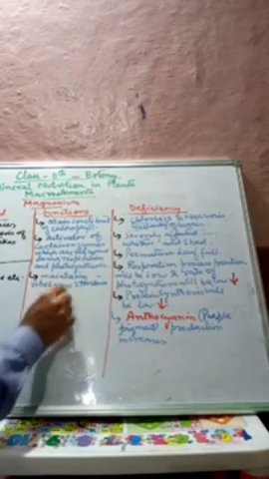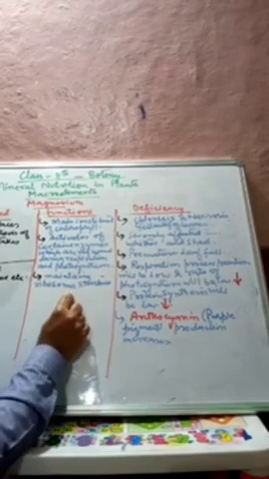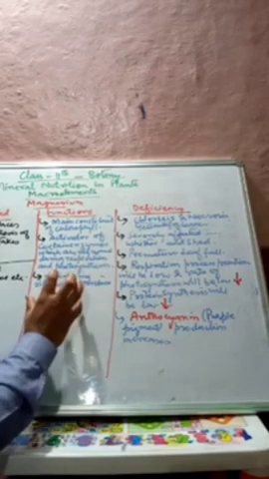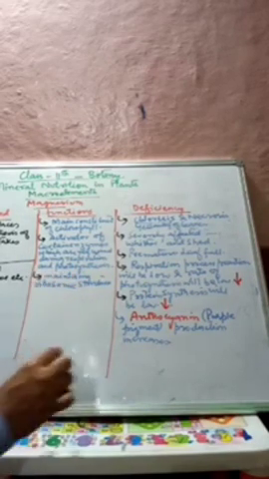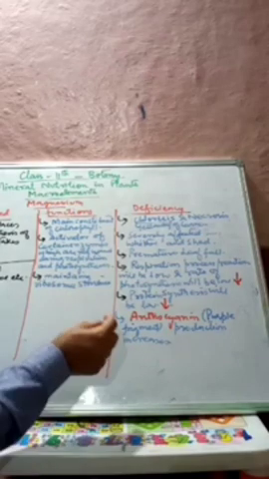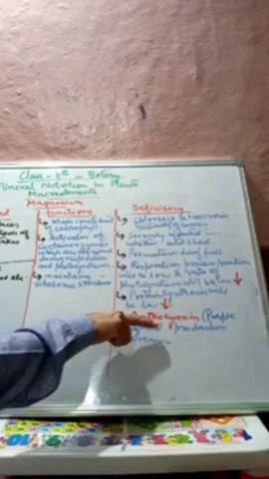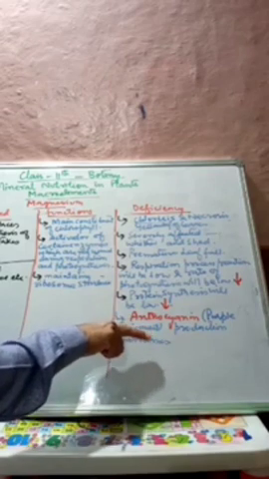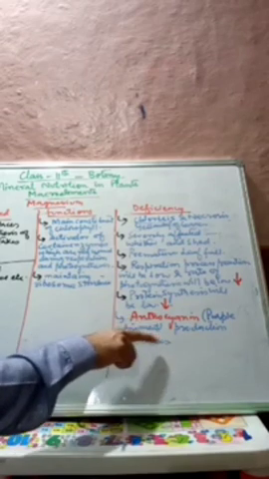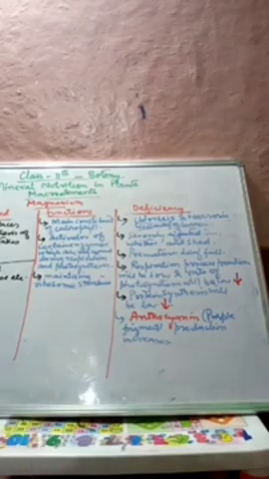Since it plays an important role in maintaining the ribosome structure, protein synthesis will be low. And the last one: when the magnesium content is low, we will find one more pigment, a purple colored pigment, that is anthocyanin, whose production will increase.